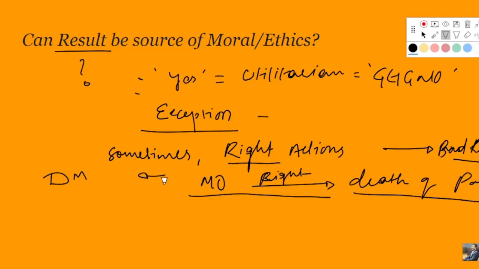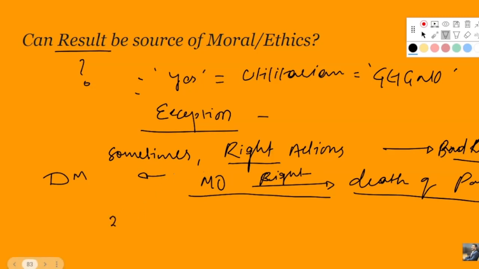But during judicial scrutiny, the committee has found that the medical officer has done his duty justly. So despite having a bad result or unwanted consequences or ramification, this particular action cannot be regarded as unethical or wrong. So this is the first exception.